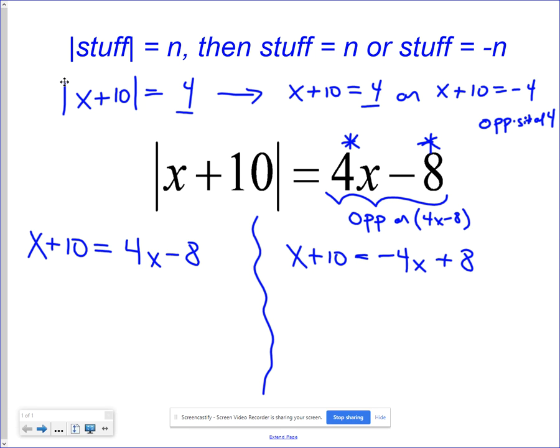And now we're just going to solve these two equations. In this one, we can subtract x from both sides. We get 10 is equal to 3x minus 8. And then add 8 to both sides. We'll get 18 equals 3x.